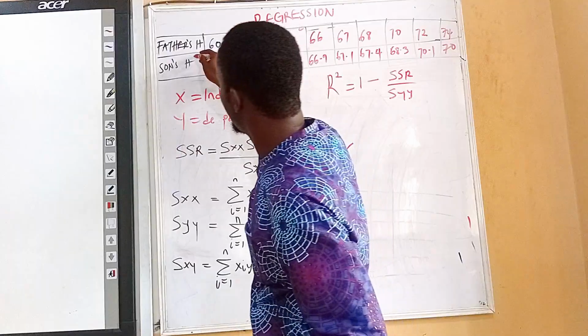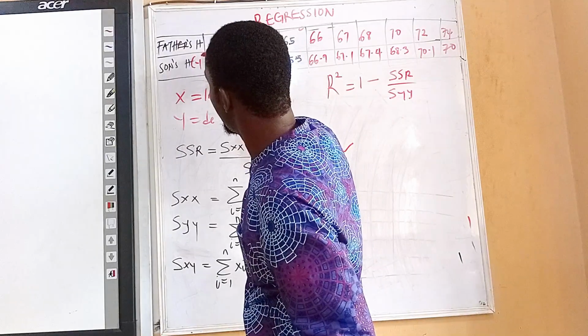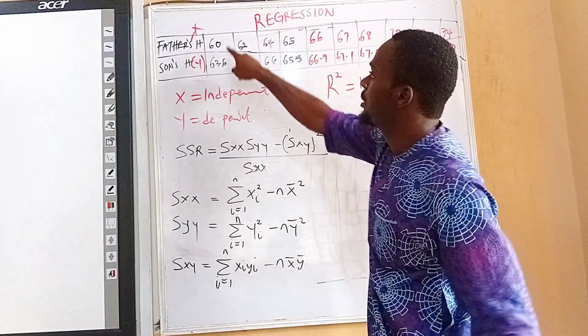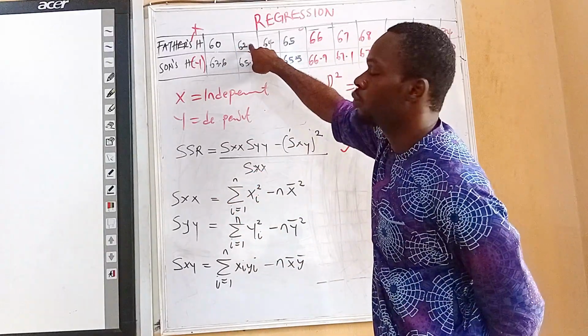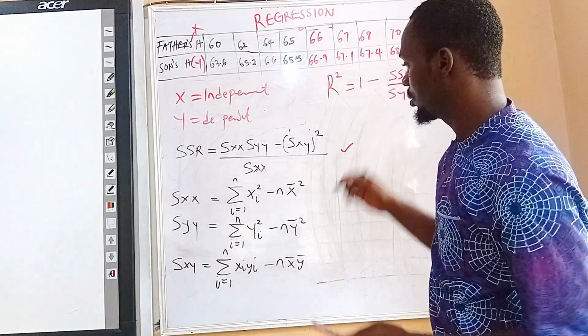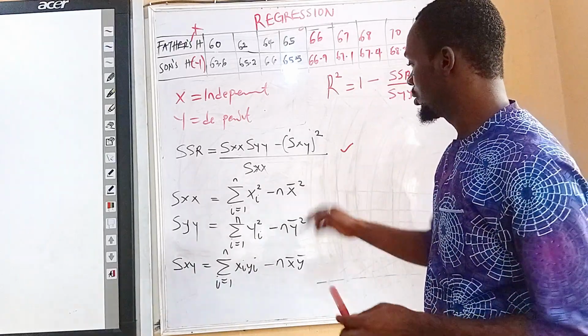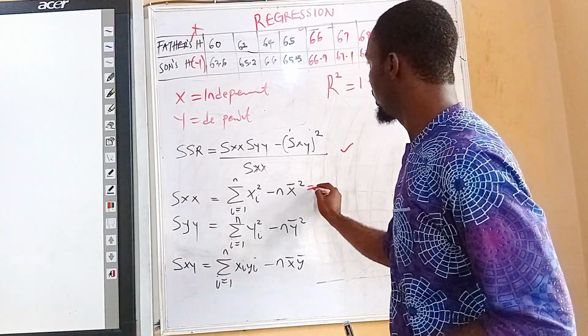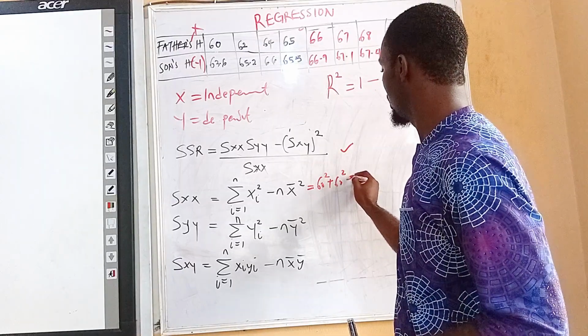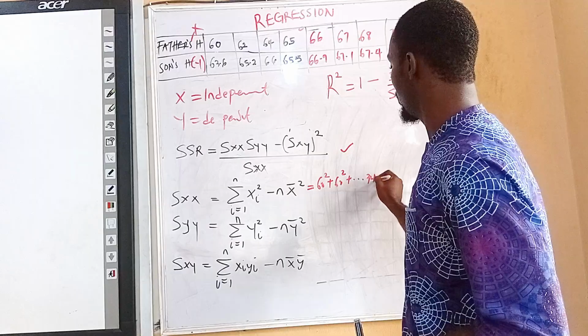Here the son is Y and the father is X. Then we should do 60 squared plus 62 squared till we finish, which is 74 squared.